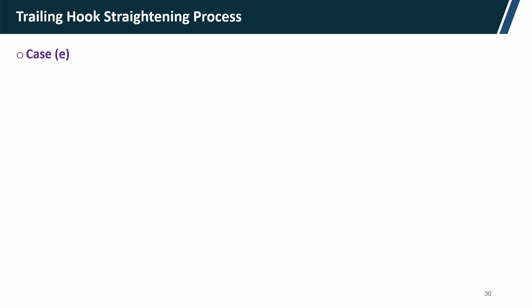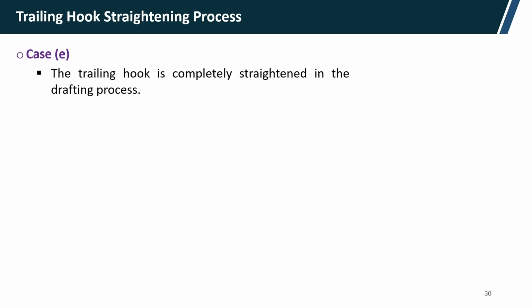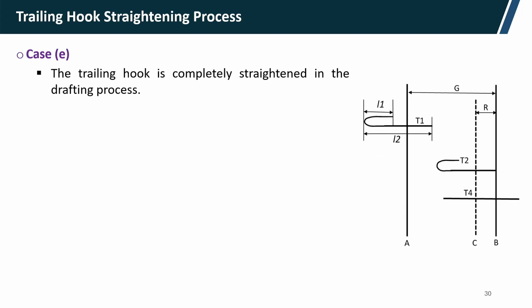And case E, which is the last case: the trailing hook is completely straightened in the drafting process. During the drafting, like the leading hook, the condition in case E is that the trailing hook is completely removed. This is the case here.